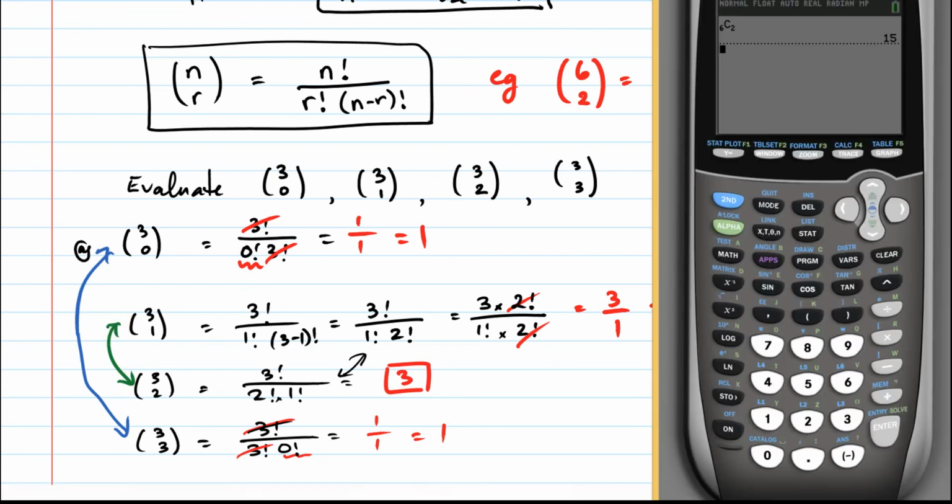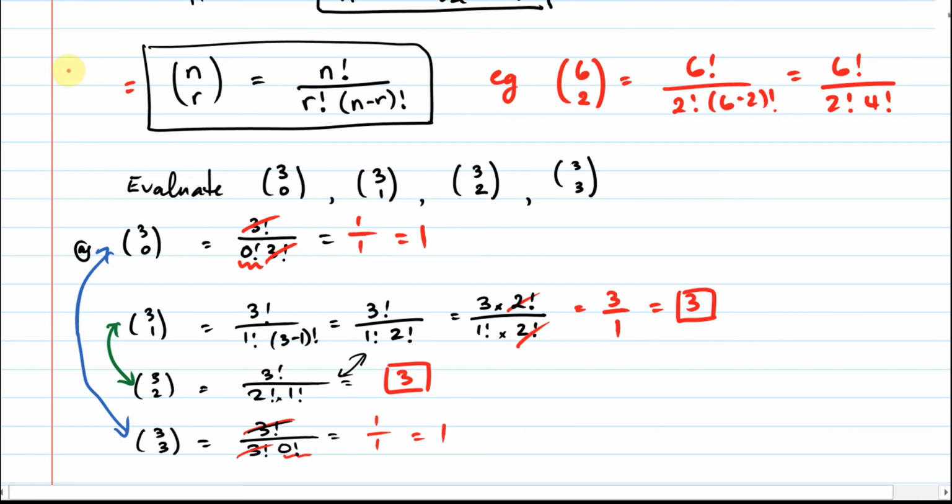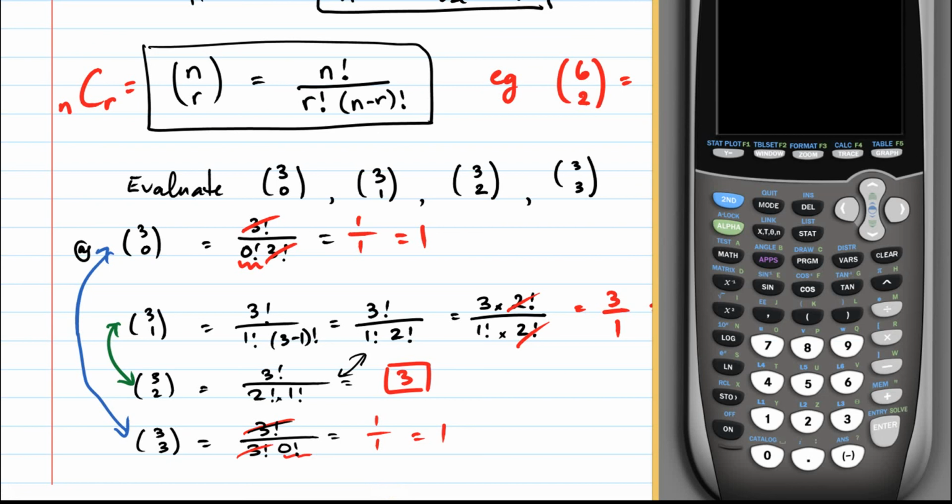Now, just some calculator work. Recall our n choose r. Let me do it exactly how your calculator shows it. Some of the regular scientific calculators will have the n on the upper part.